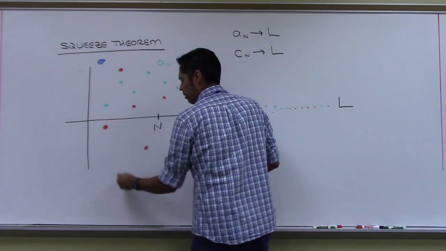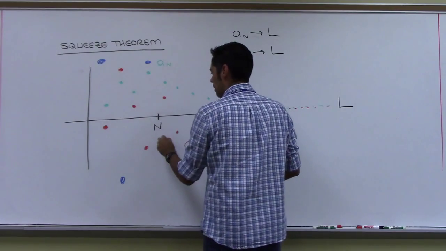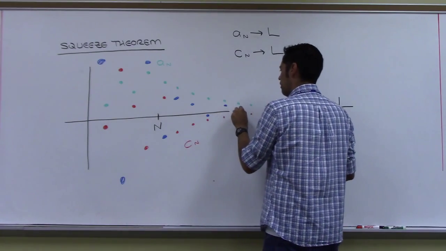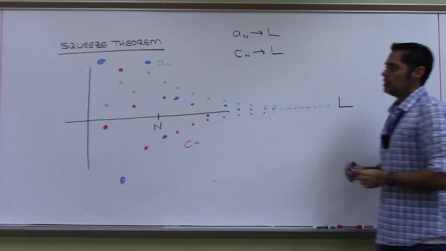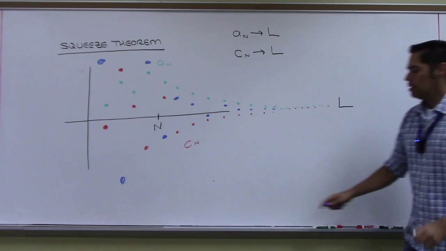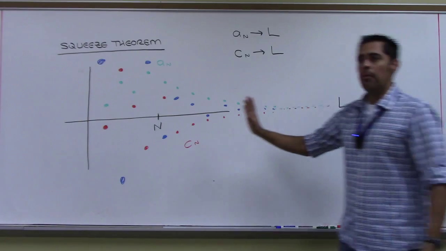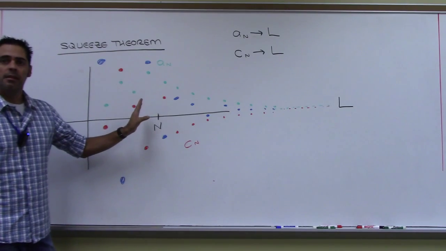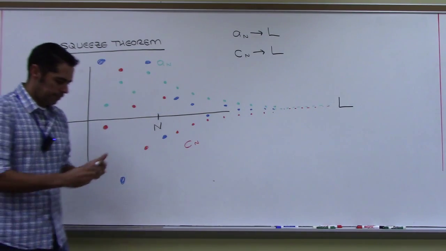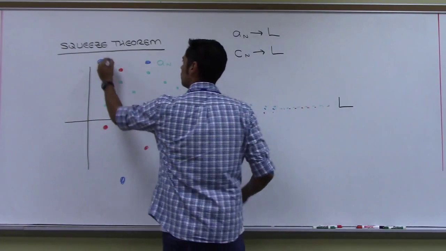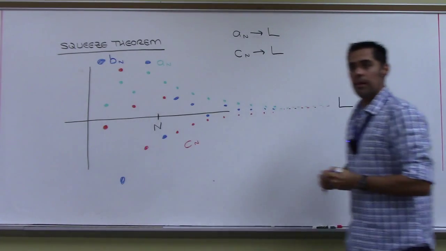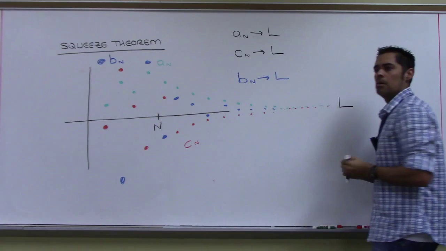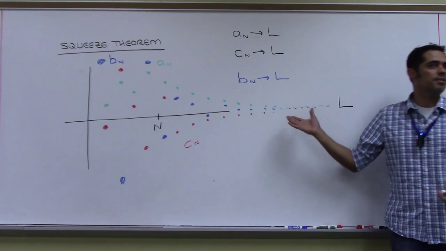Blue up here, blue down here, blue there, blue there. So at some point, the blue is always between these two. Then wouldn't you agree that the B sub n, which is the blue one, must also go to L? Do you agree? Yes? So I should be able to say this, B sub n must go to L. That's the visual idea behind the squeeze theorem.